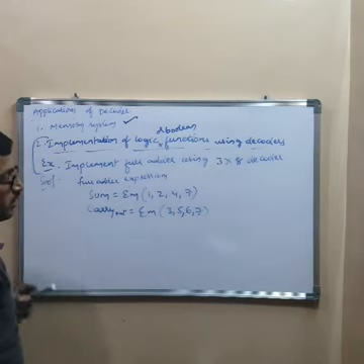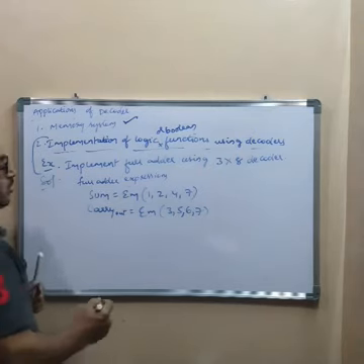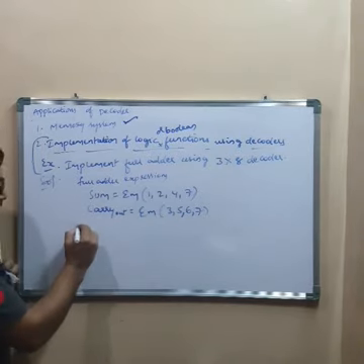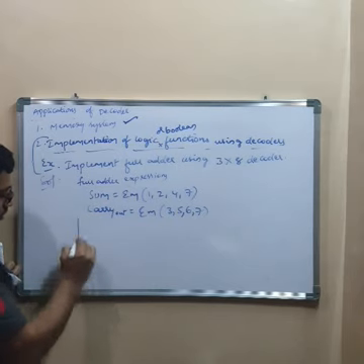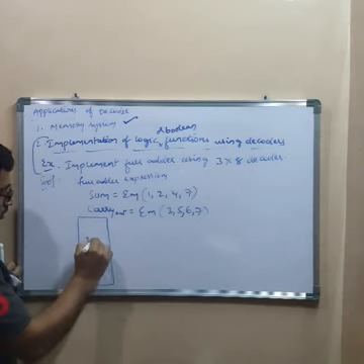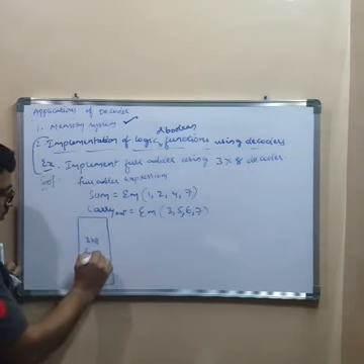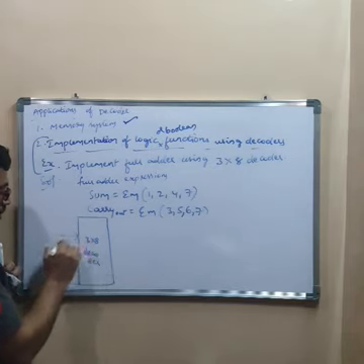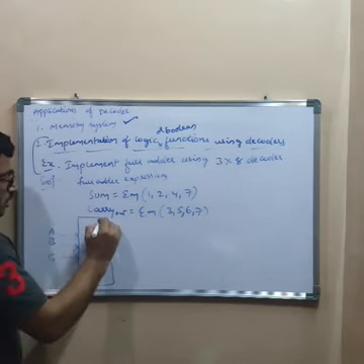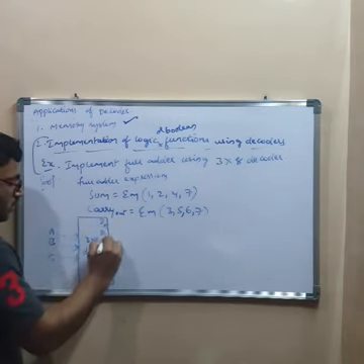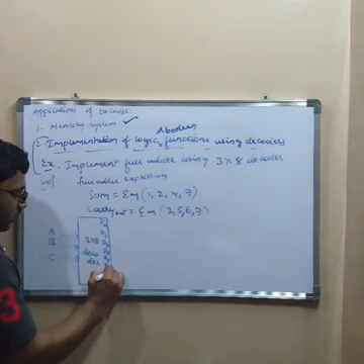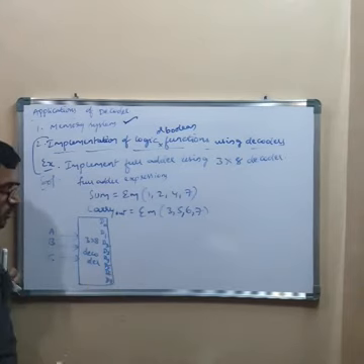So I will take a 3x8 decoder. There are 3 inputs, A, B, C. There are 8 outputs, D0, D1, D2, D3, D4, D5, D6, D7.